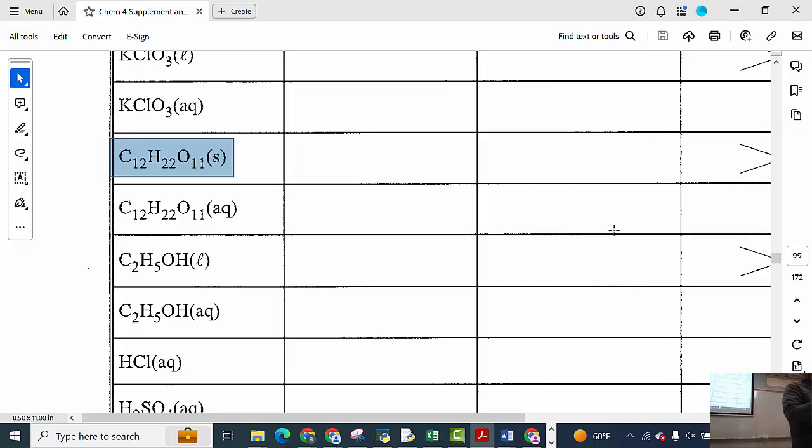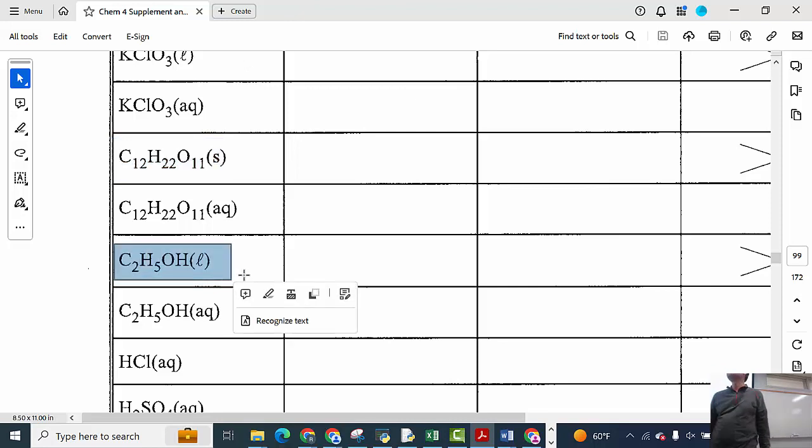Does ethanol conduct electricity? Well, let's take a look at its formula. Is it a molecular compound or an ionic compound? Compounds that are made from nonmetals are usually molecular, unless they have ammonium.